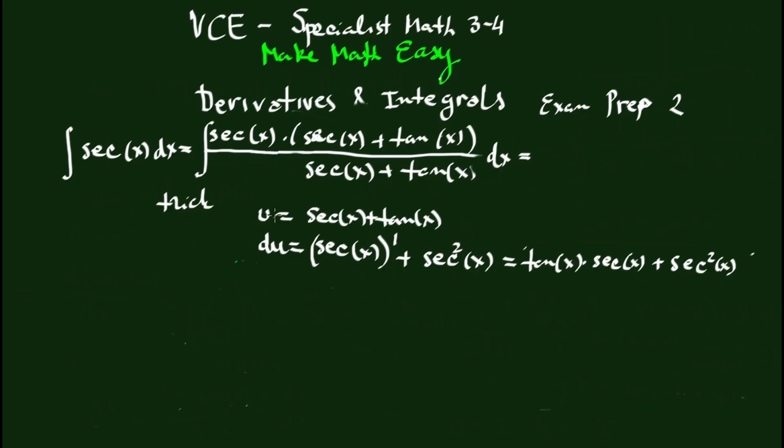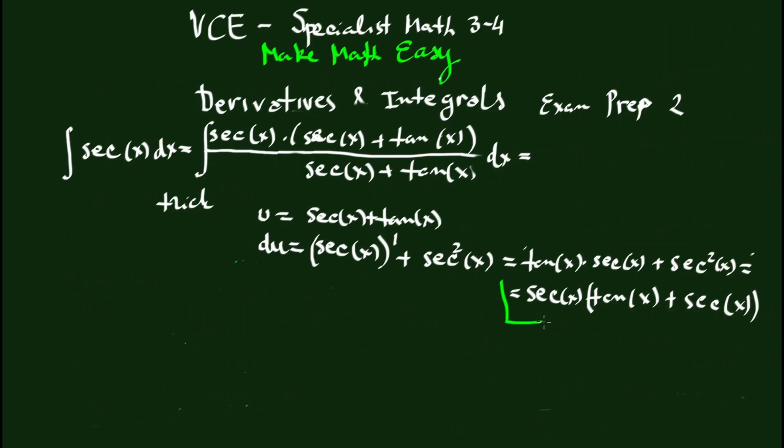Okay, we got this du, so now we can go further. So what does this look like? We have a common secant here. So secant of x we take out, and in the brackets we have tangent of x plus secant of x. So if you look up there, what do you see?